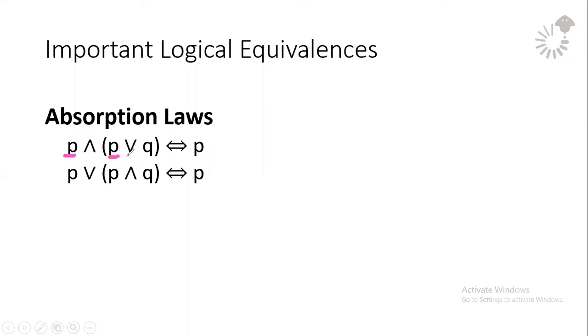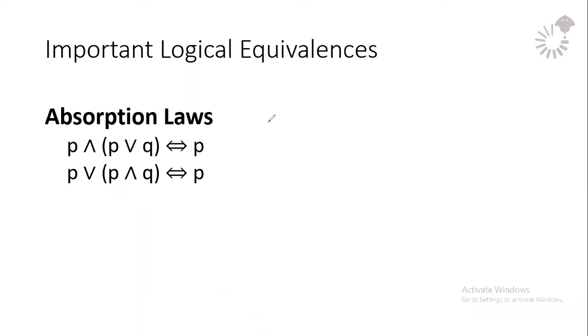So P, P, Q, statement 1, and Q. Tapos magka-inverse. This is and, this is or, magkabaliktaran. This is or, this is and, magkabaliktad na conjunction, disjunction. Pag ganyan daw yung statement mo, that is equivalent to P. Ang haba ng statement, tapos P lang.